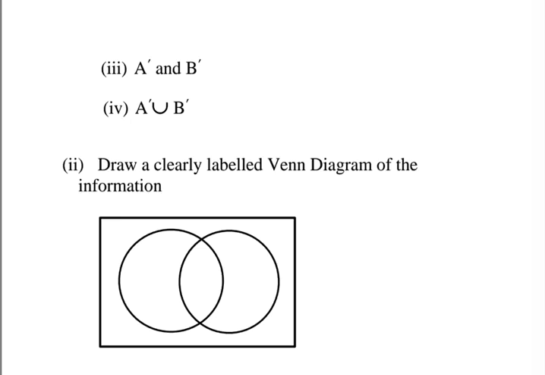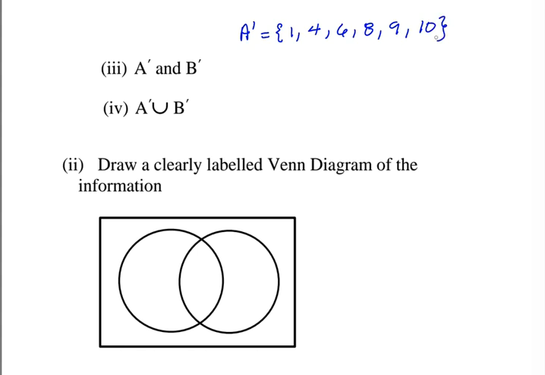We need to list all the elements of A complement intersect B complement. All right, so let's do that. A complement would be all elements which are not in A. A are the prime numbers, so A complement would be all the numbers which are not the prime numbers, which are 1, 4, 6, 8, 9, and 10.